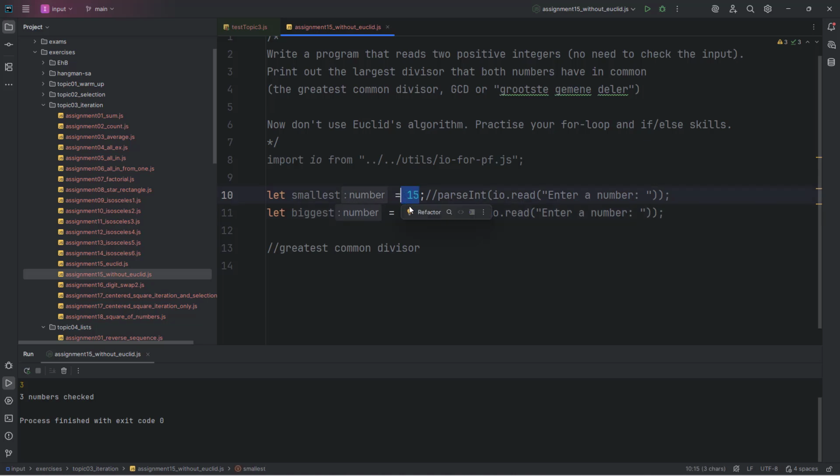I just fixed the input. This helps me to test the program. If I want to manually test the program, it helps to give it fixed input or no input through the keyboard, because that speeds up the testing phase.